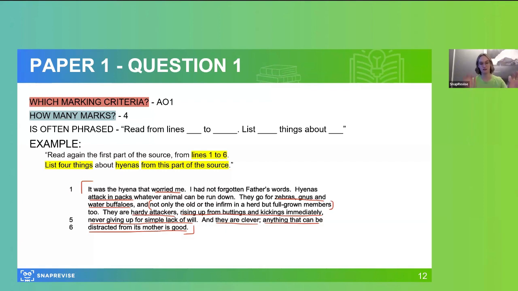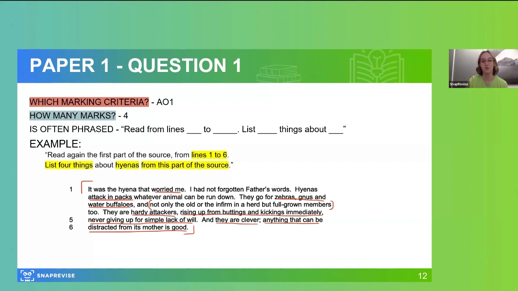As you can see, I have done little brackets to keep me inside that section, that's lines 1 to 6. And then the bits that I took out from the question are list 4 things, and it's about hyenas from this part of the source. So I have underlined anything that I think speaks to me about the hyenas.